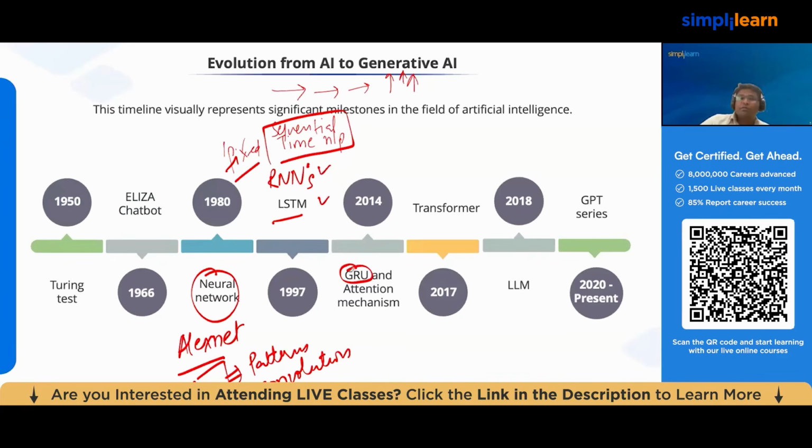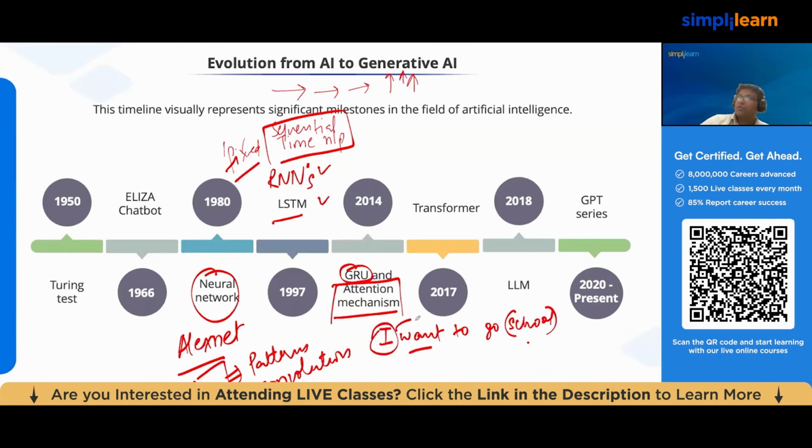Then the major breakthrough came with the attention mechanism. What is the attention mechanism? With attention, we want to focus on the importance of a particular word. For this word, how much importance does it have with respect to other words?